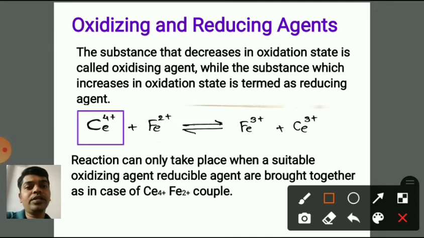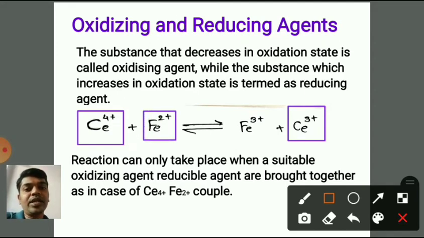Okay, so its oxidation state is reduced from +4 to +3. So this cerium 4 plus is an oxidizing agent because its oxidation state decreases, while this Fe2 plus acts as a reducing agent because its oxidation state increases by 1 and becomes Fe3 plus.